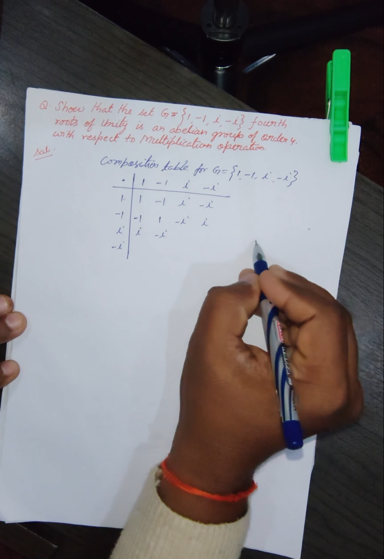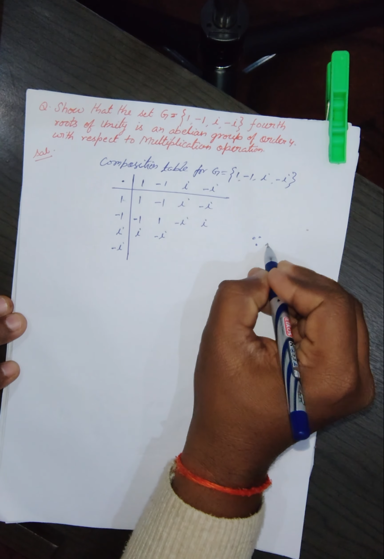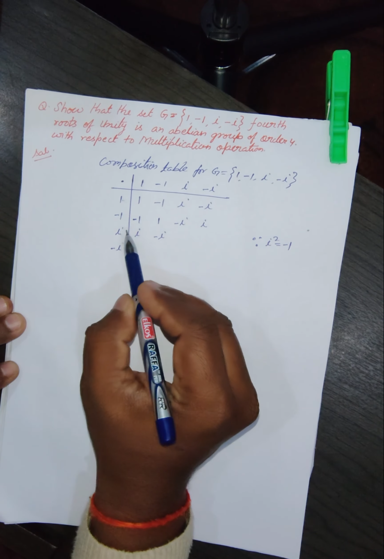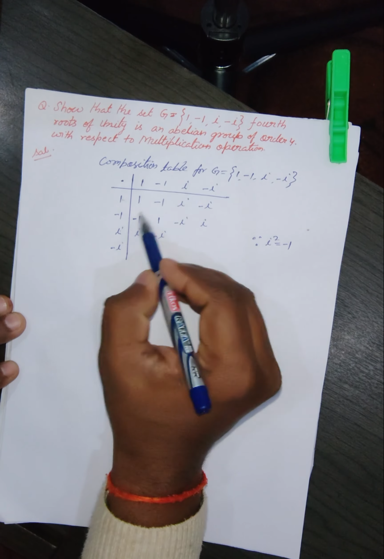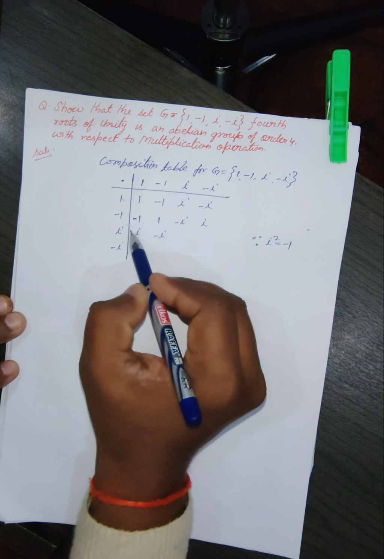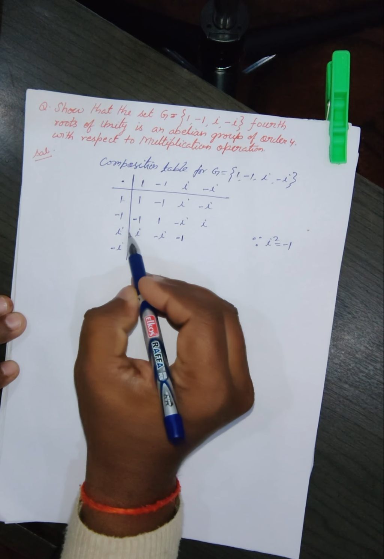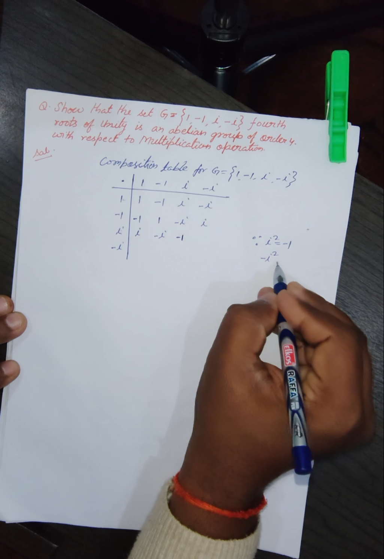minus i. Since we know that i square equals minus 1, when this i is multiplied with this, we get i square, so here it will be minus 1. And this becomes minus i square.